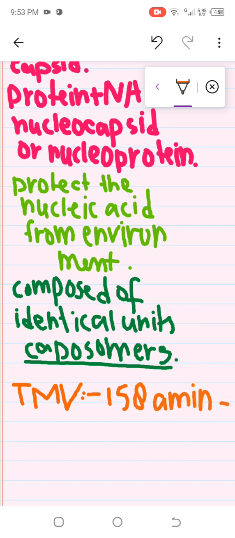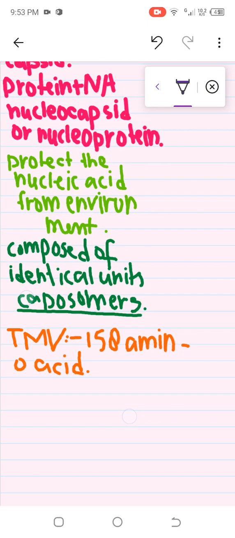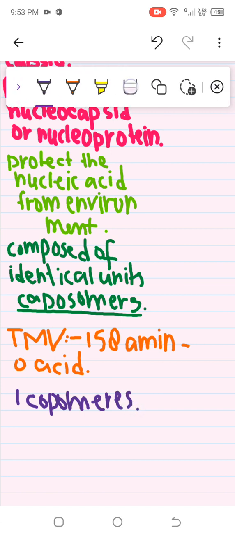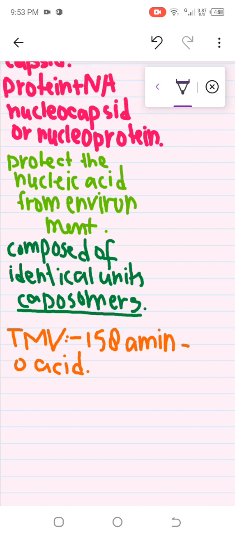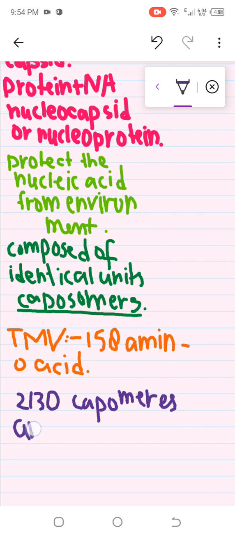Here I am not talking about the capsid or the capsomer, however, here I am talking about the amino acids. In TMV, 2130 capsomers are identically arranged, and those are helically arranged.